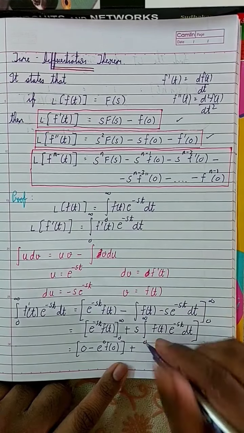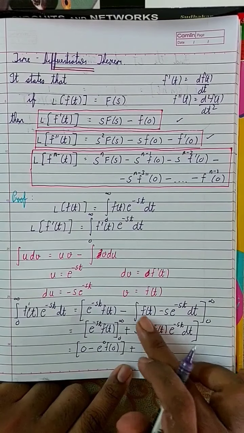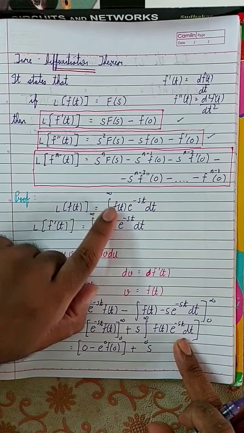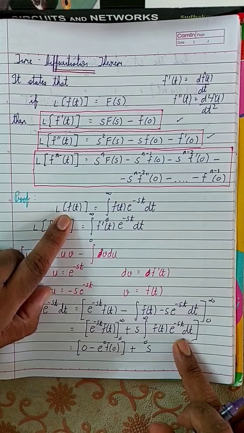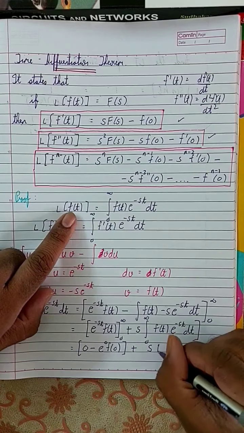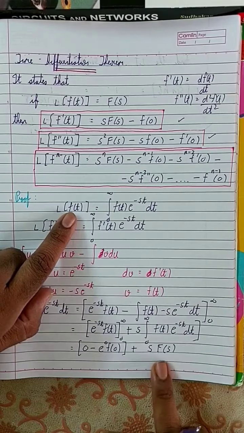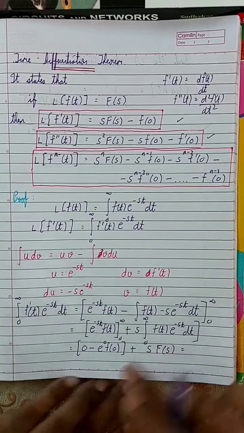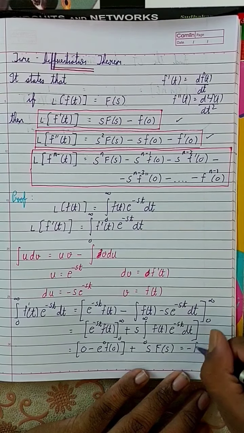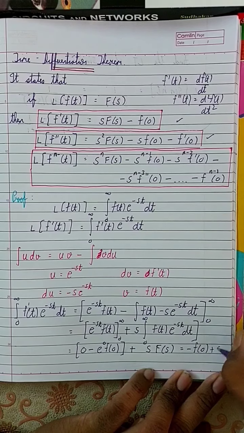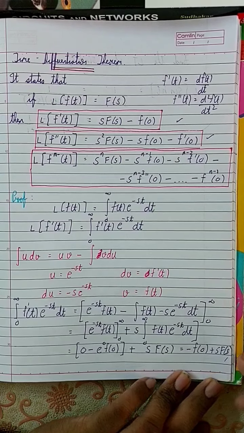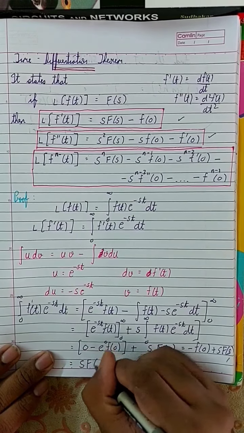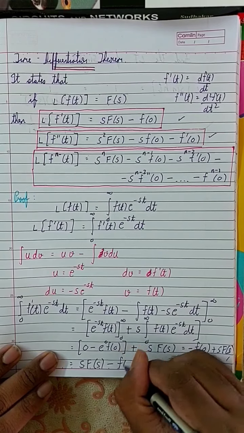Plus, and what about here? Here it is s times the integral from 0 to infinity of f(t) e^(-st) dt, which is nothing but your Laplace transform of f(t), that is F(s). Since e^0 is 1, this is equal to minus f(0) plus s F(s), or this can also be written as s F(s) minus f(0).